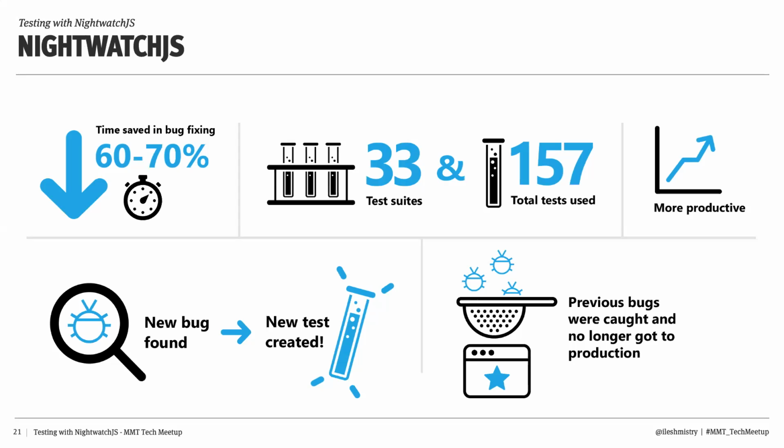From that particular project, we had 33 test suites and 157 tests actually used. So there's quite a lot of tests going on, and doing this kind of automated browser testing means that your developers and your team are more productive doing other things. They're not worrying too much about, do I need to test this? Do I need to test that? They'll know once the tests have failed.